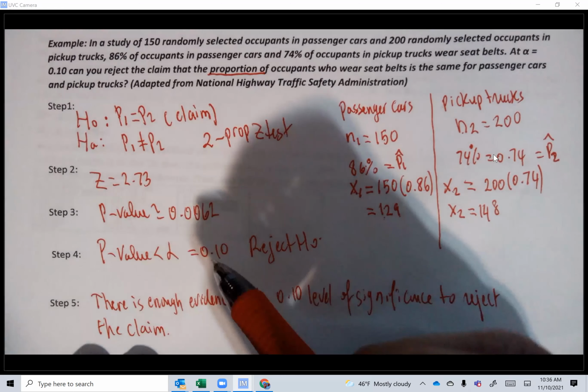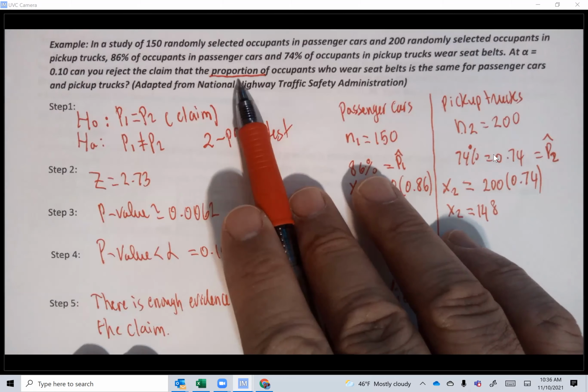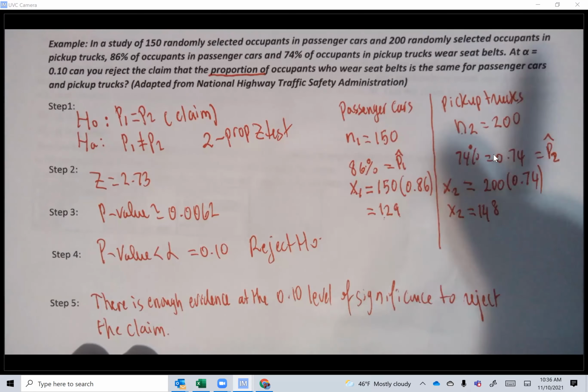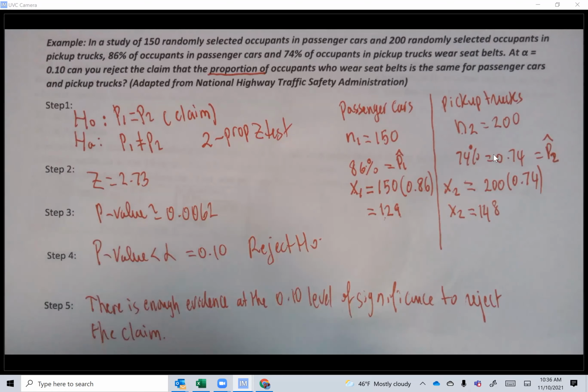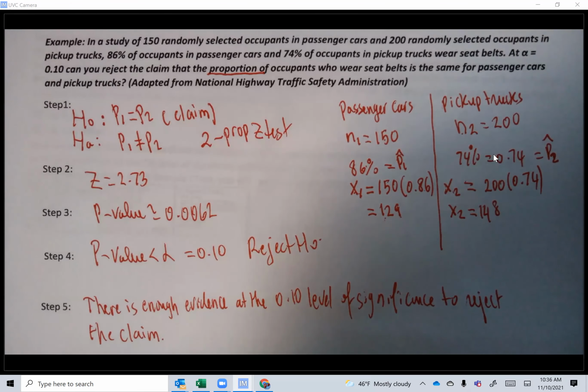And the claim is that the proportion of occupants, proportion means percent, that the percent of occupants who wear seatbelts is the same for regular cars and pickup trucks. And to be honest with you guys, I don't think it is the same. People who drive pickup trucks are more inclined not to use a seatbelt because they think that they're safer.